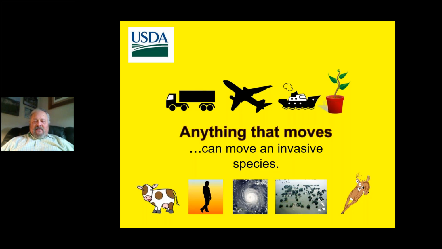Live plants can be a tremendously important pathway for moving plant pests, obviously, but you also have things like livestock, human-aided movement, wind, water, and wildlife. Again, anything that moves can move an invasive species.